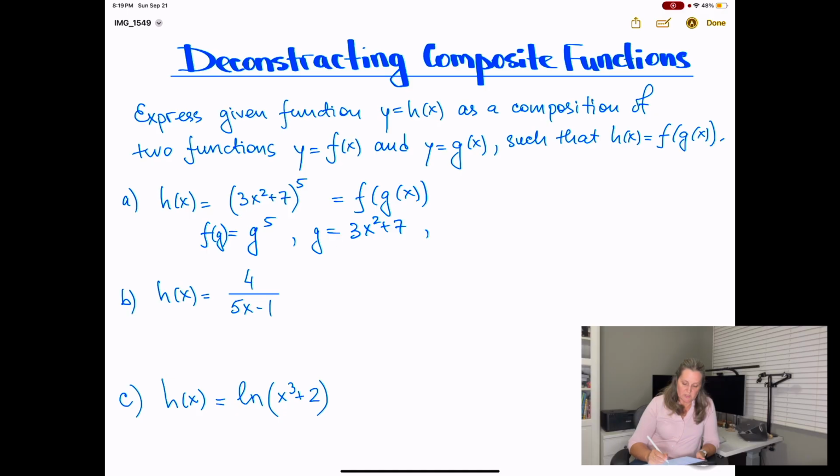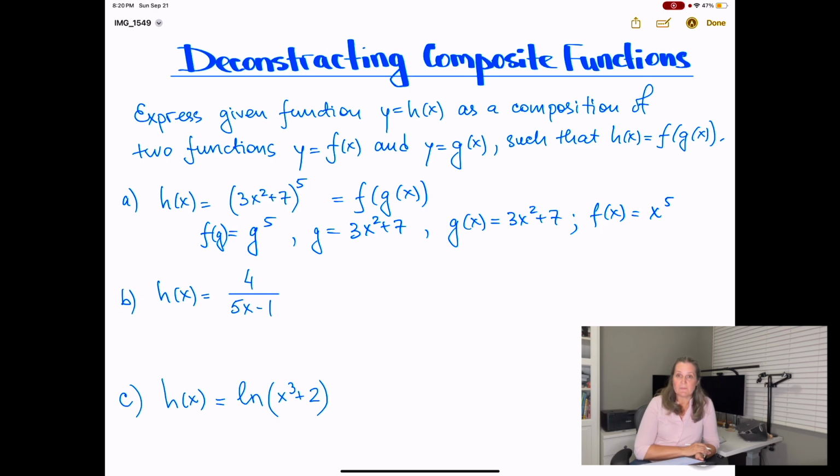In other words, function g of x is equal to 3x squared plus 7. That's the innermost function. Our outer function f of x is written as an input raised to the power of 5. Since I have written f as a function of x, the input x should be raised to the power of 5.